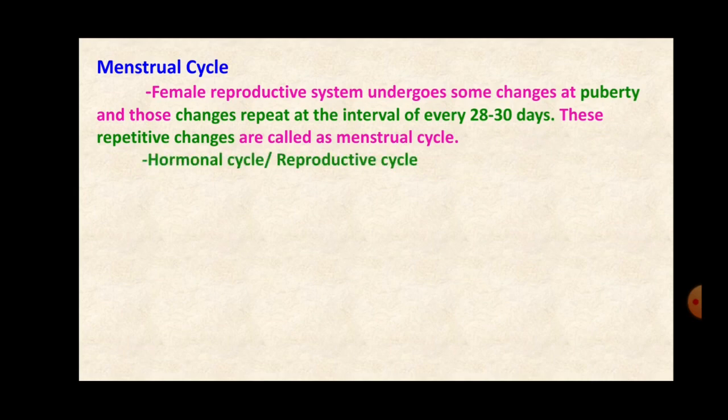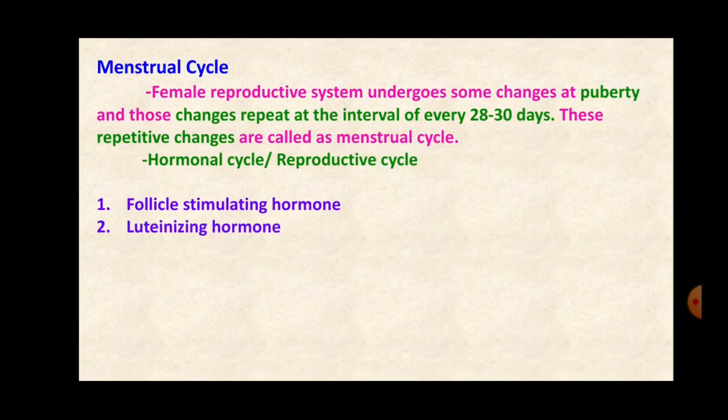This menstrual cycle is also known as the hormonal cycle or reproductive cycle. It is a hormonal cycle because it is totally controlled by 4 hormones. The 4 important hormones in this menstrual cycle are follicle stimulating hormone, also known as FSH, luteinizing hormone, LH, estrogen, and progesterone.